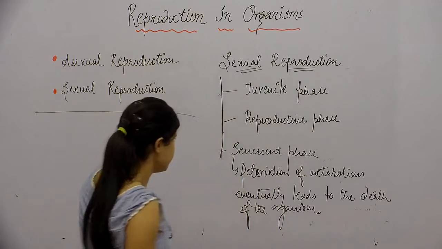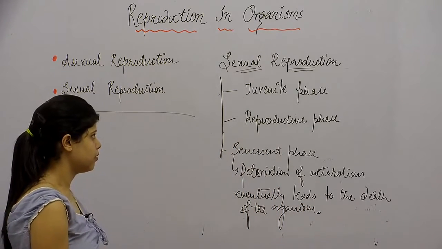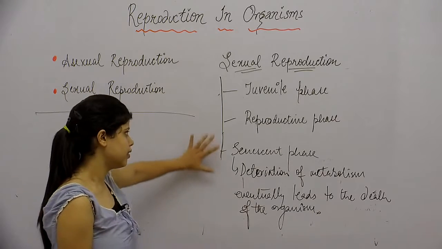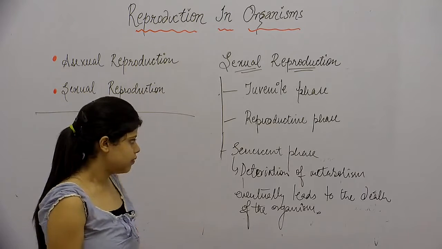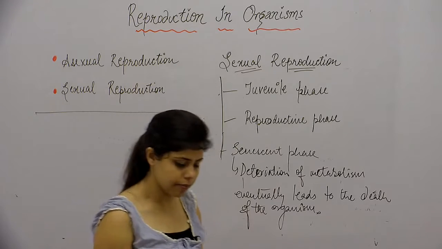These are three phases under sexual reproduction. The first phase is juvenile phase, the second phase is the reproductive phase, and finally comes the senescent phase, where eventually the organism passes away.